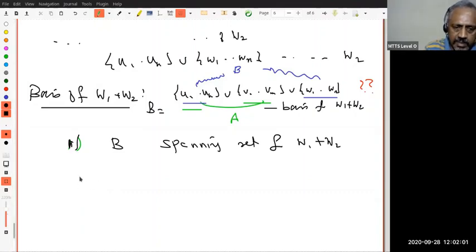That is clear because we start with any Z in W1 plus W2. Then Z is of the form X plus Y, where X is in W1 and Y is in W2.